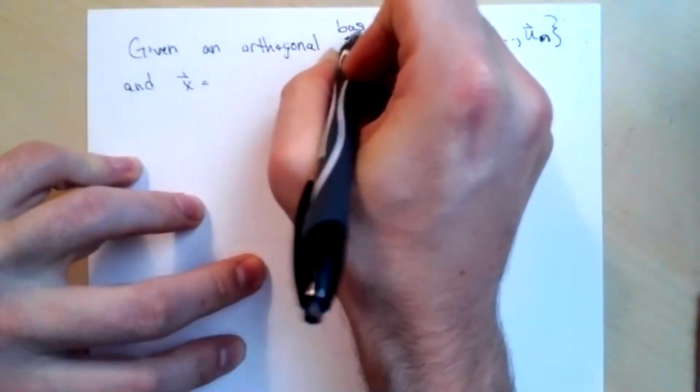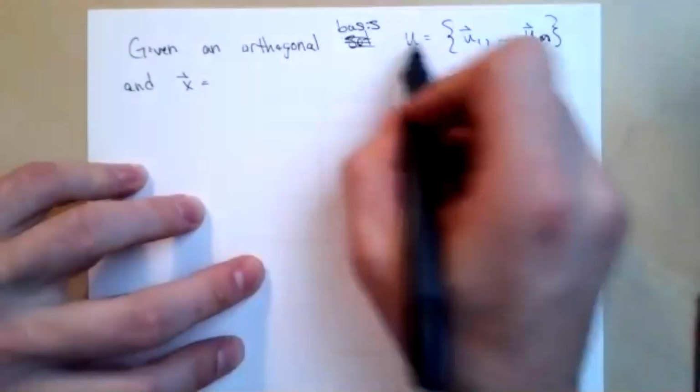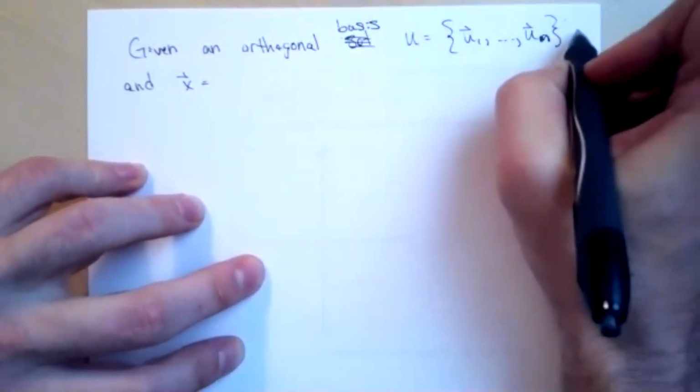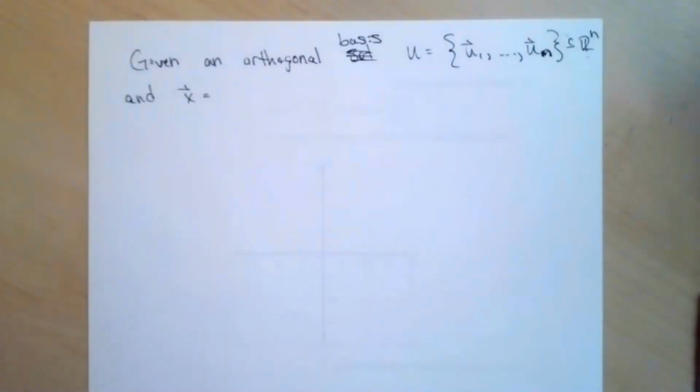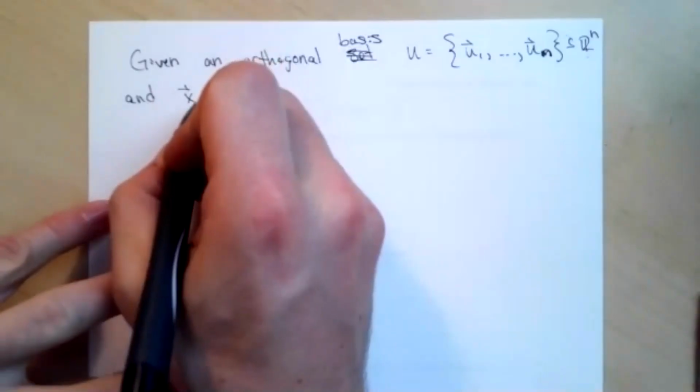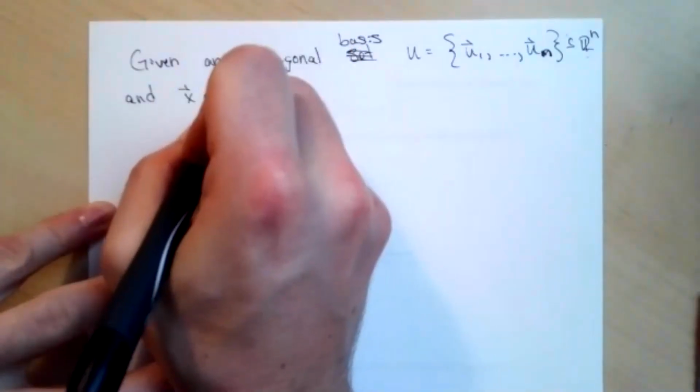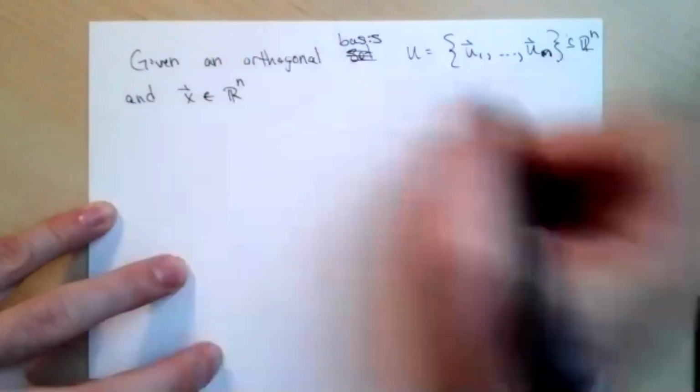Let's just start off with our orthogonal basis, U, U1 to UN of Rn. So it is a full basis. We have a fully maximally linearly independent spanning set. And X is just any arbitrary vector in Rn.